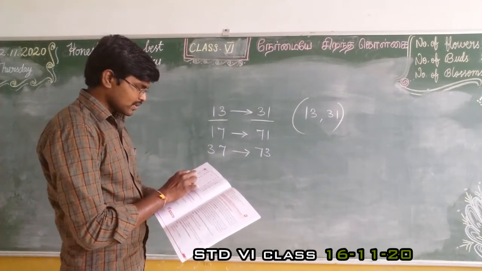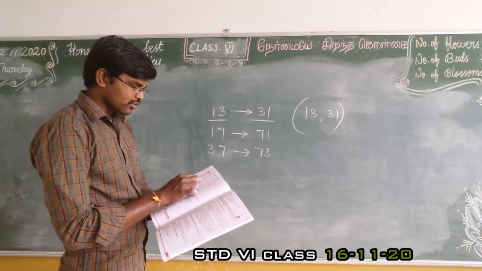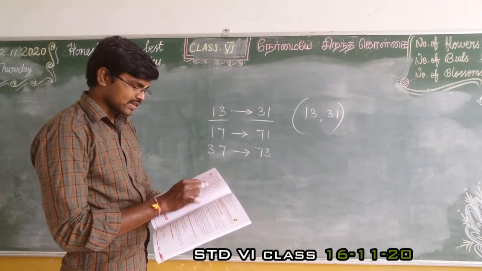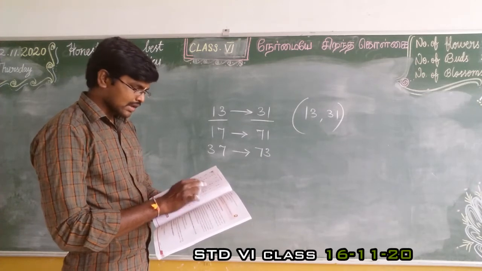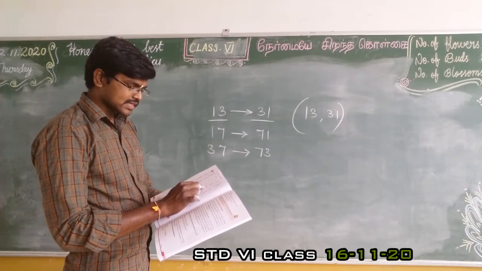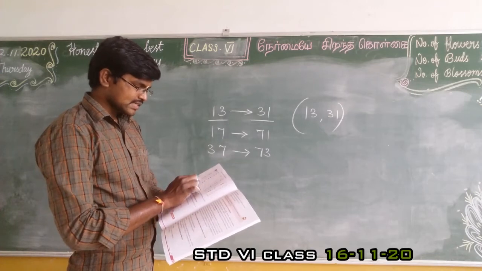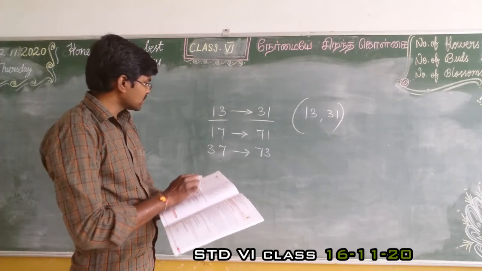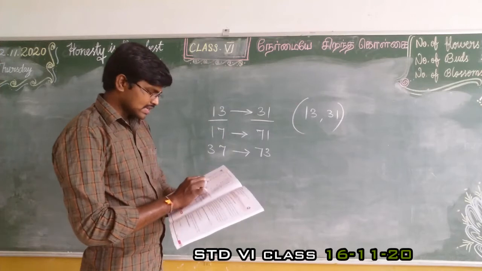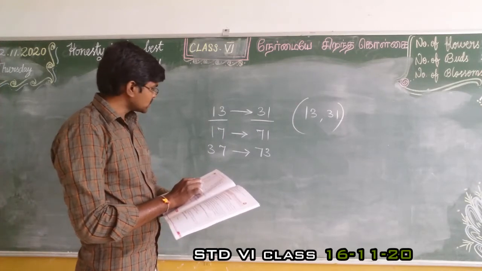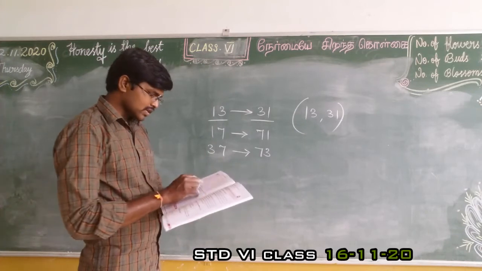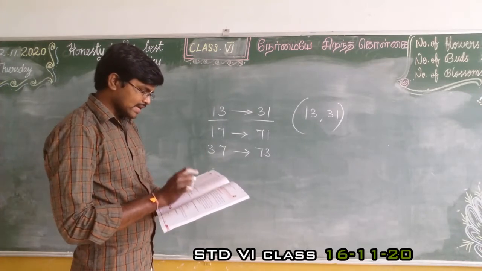Then 41, 14, 43, 34, 47, 74, 53, 35, 59, 95, 61, 16, 67, 76, 71, 17. So already we wrote it. Then 73, 37, already we wrote it. Then 79, 97.